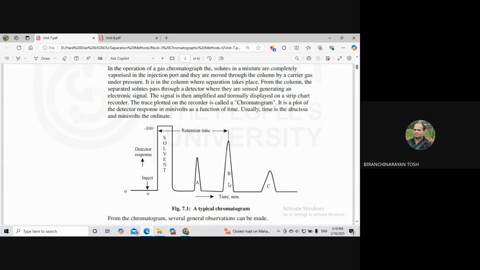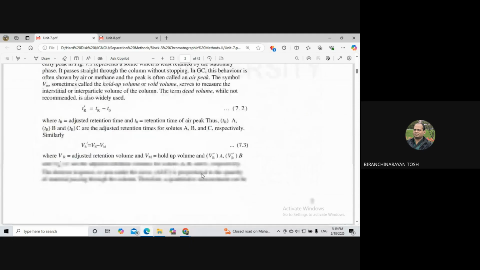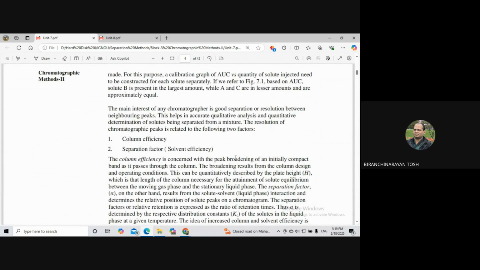Area will be equal. So the main interest of any chromatographer is a good separation or resolution between the neighboring peaks. Resolution must be very clear so that they are separated. This helps in accurate qualitative analysis and quantitative determination of solutes being separated from a mixture. The resolution of chromatographic peaks is related to two factors: the column efficiency and the separation factor, that is the solvent efficiency.